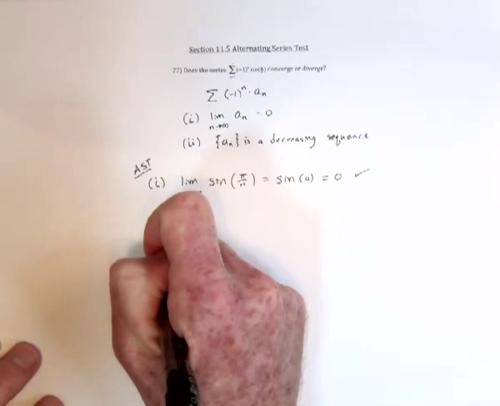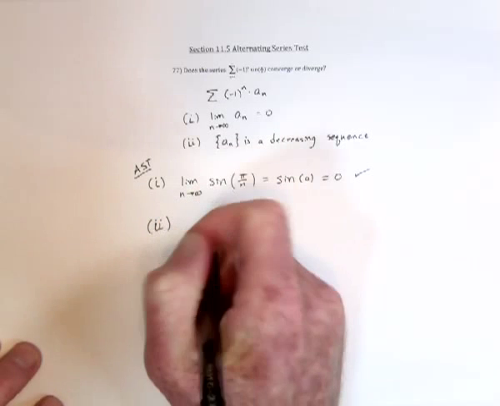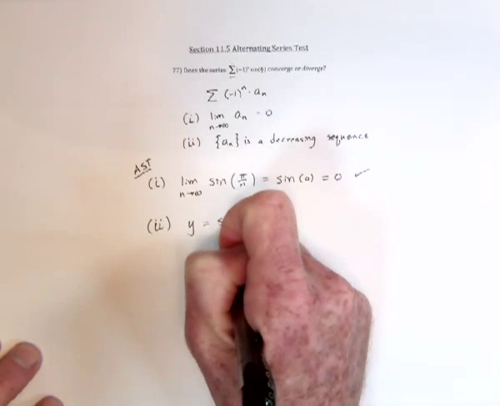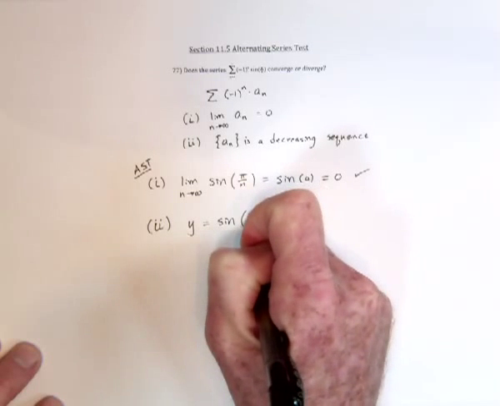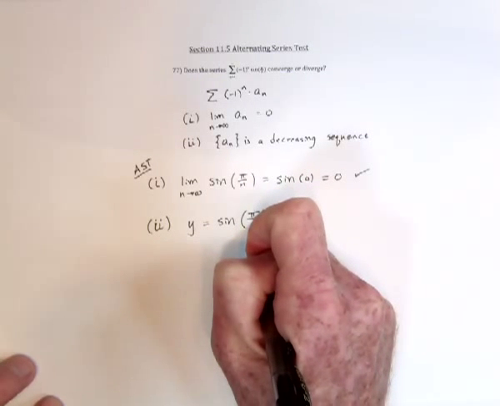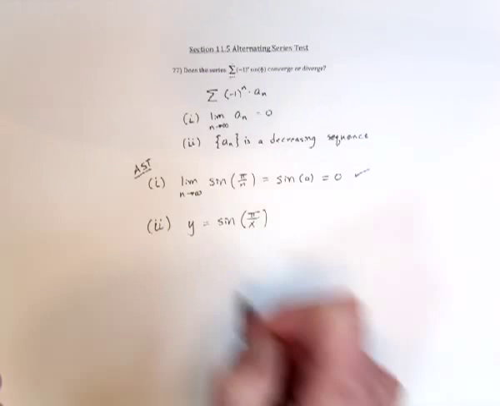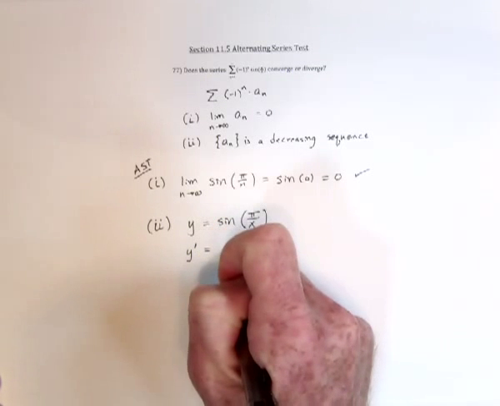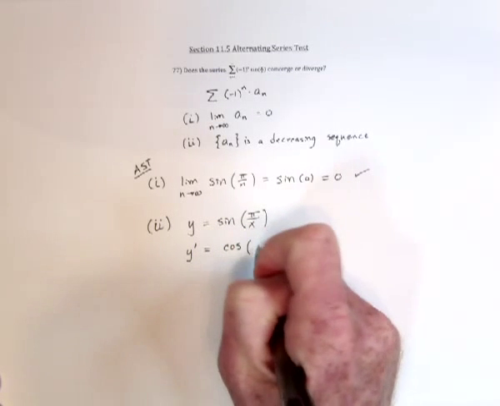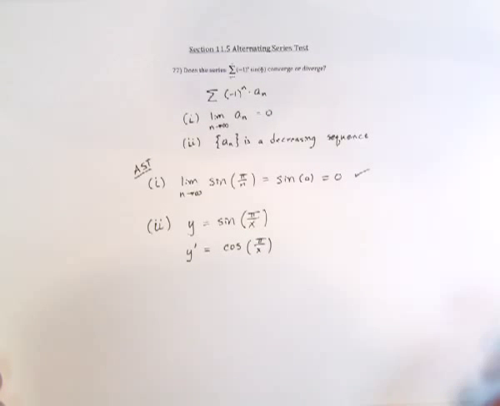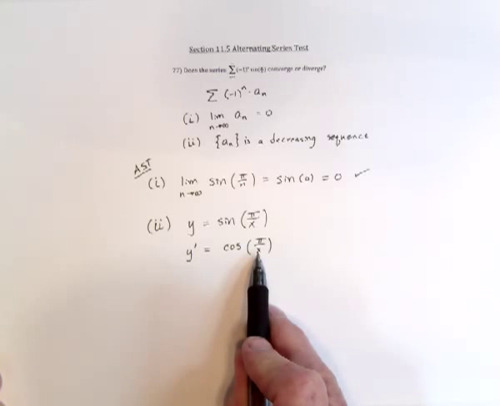So for part 2, I could say y is going to be the function sine, and you can either use x or n. Here I'll just go ahead and use x instead of the n. And if you take the derivative, the derivative of sine is cosine pi over x. Then you need to do the chain rule, which means take the derivative of the inside. Well, the inside is essentially 1 over x.